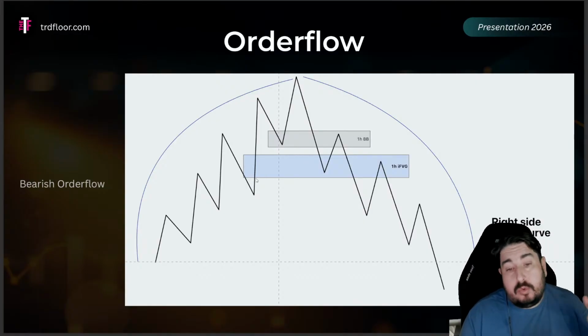One thing I want to point out is that over here, price broke this bullish order block, changed its state, and now it was used as resistance. Also, here price reacted at this bullish fair value gap, resistance, broke it, two resistances, really nice continuation.